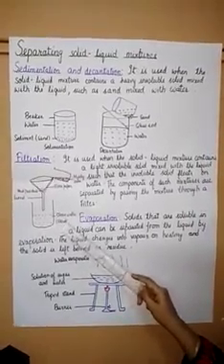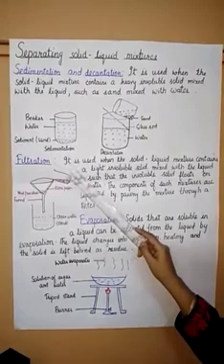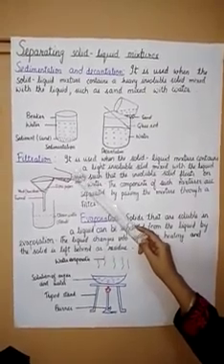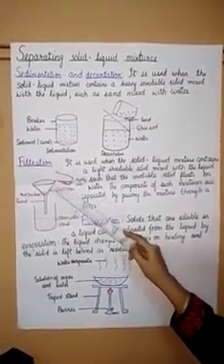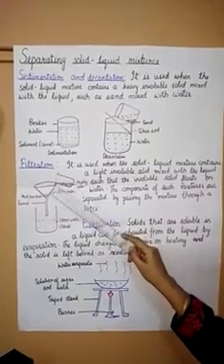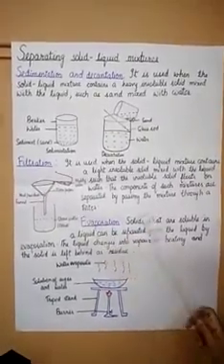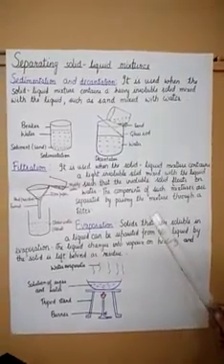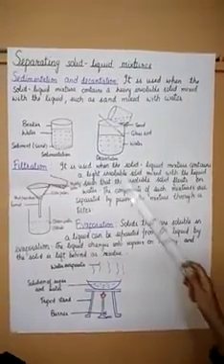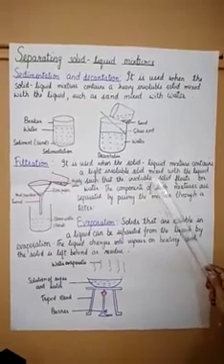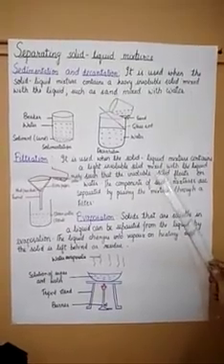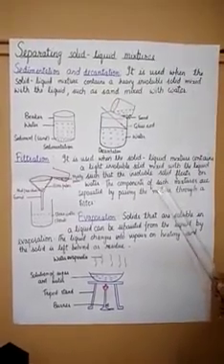The mud or soil particles will not pass through the filter paper, and will be collected on the filter paper as residue. So we can separate light insoluble impurities from the liquid by the filtration method.